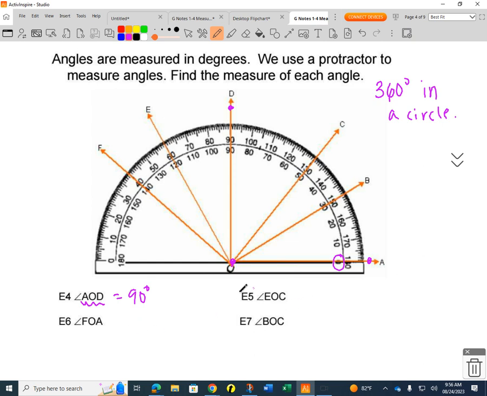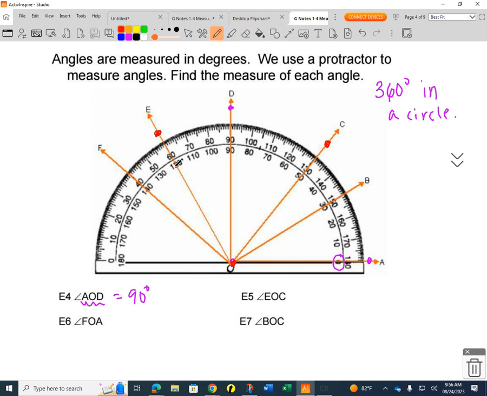All right, let's look at example 5. So now we're going to look at EOC. So a point on this ray, we're going to call that E, O, and C. So now, with these crossed, they don't cross at 0, right? But that's okay. All we have to do is subtract.